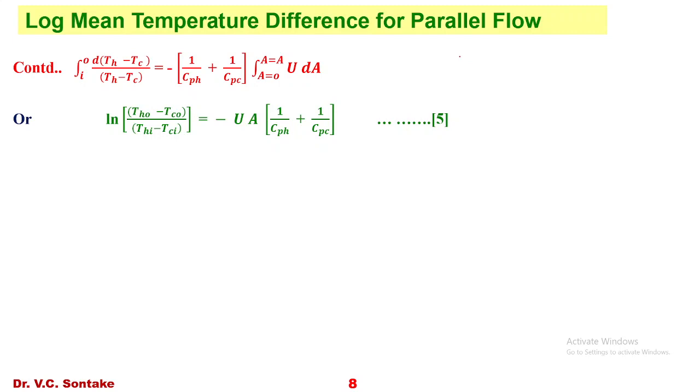So in the left hand side, that is at the inlet, the temperatures of the hot and cold fluid in the heat exchanger are THI and TCI, and at the outlet the temperatures of the hot and cold fluids are THO and TCO. So that is why these temperatures are written.